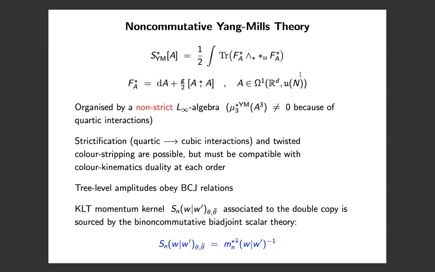Okay, so I'm not going to go through any of the detail, but the upshot is we go back now to slide two or three, when I had the KLT momentum kernel, and that appears in the KLT double copy relations with a B field, and remember, those now will involve in the field theory limit the amplitudes of non-commutative Yang-Mills theory. And what you can show now, what is the thing that dresses them?